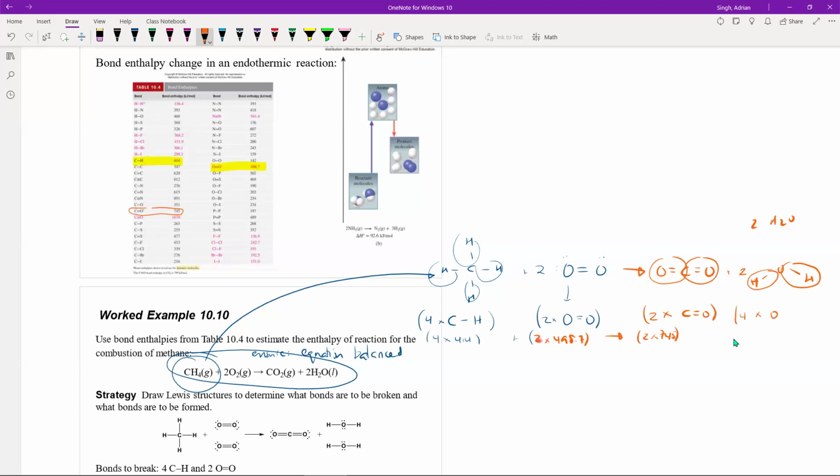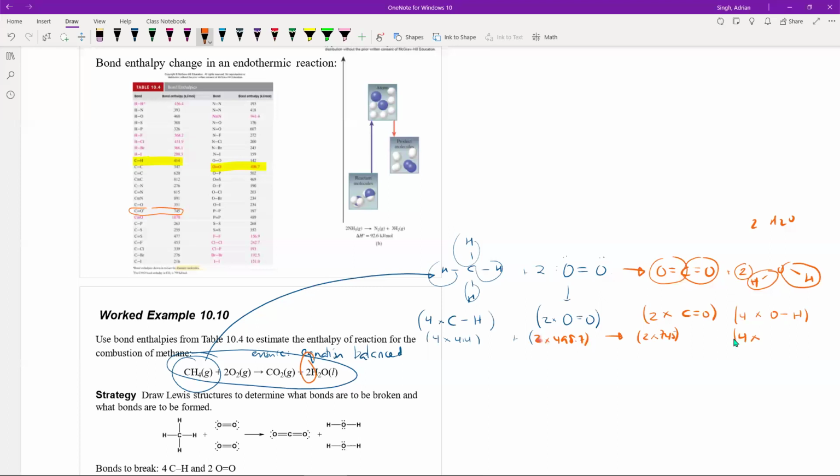I have 4 O-H bonds. Let me reiterate that. In 1 H2O, we have an O-H bond on one side and an O-H bond on the other, so we have two O-H covalent bonds in one water molecule, but I have two of them based on the stoichiometry in this equation. So 2 times 2 would be 4 O-H bonds.